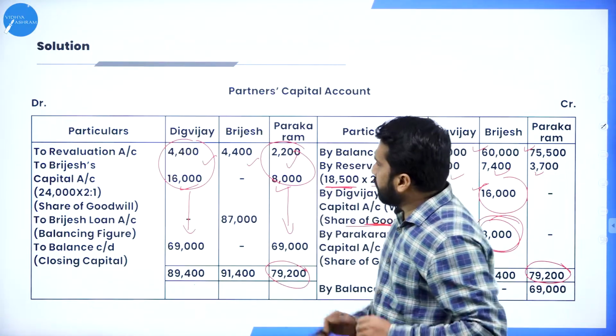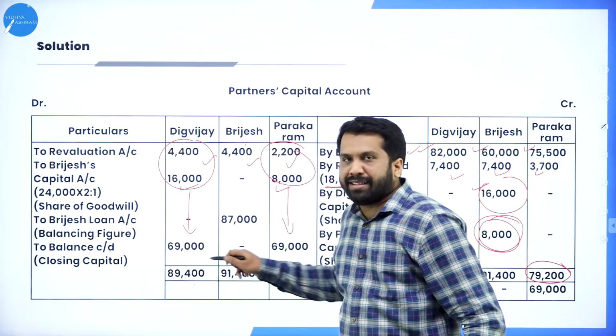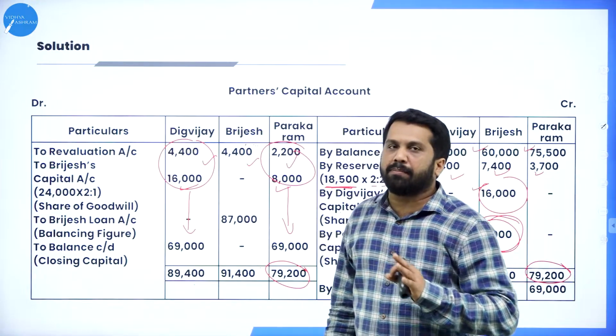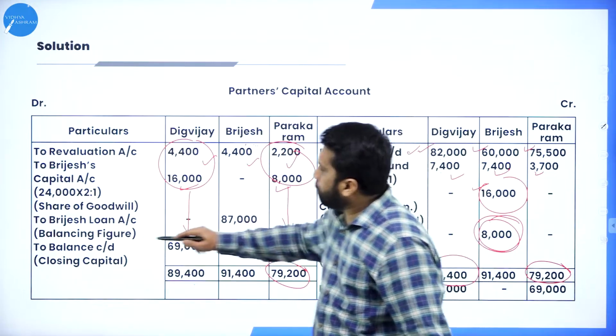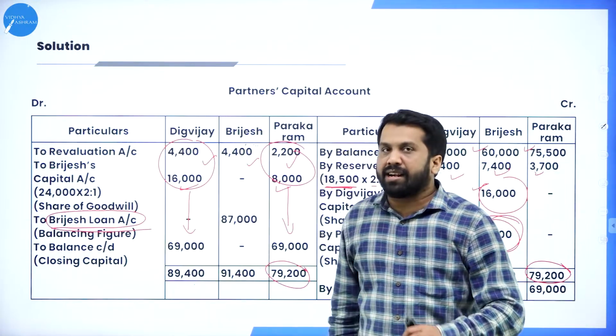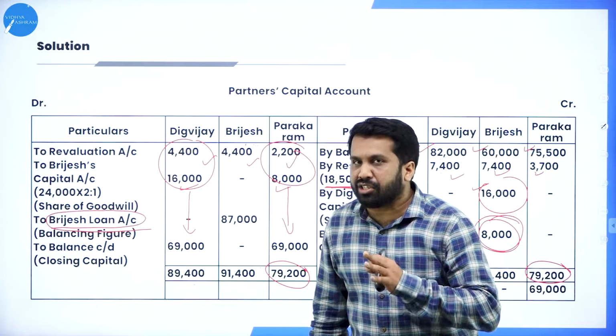But the person who is retiring, for him, we cannot take it as balance carried on because he is no more a partner in the partnership. Then what should we do? We should consider him as Brijesh's loan. Until and unless we pay him, we consider it as Brijesh's loan.